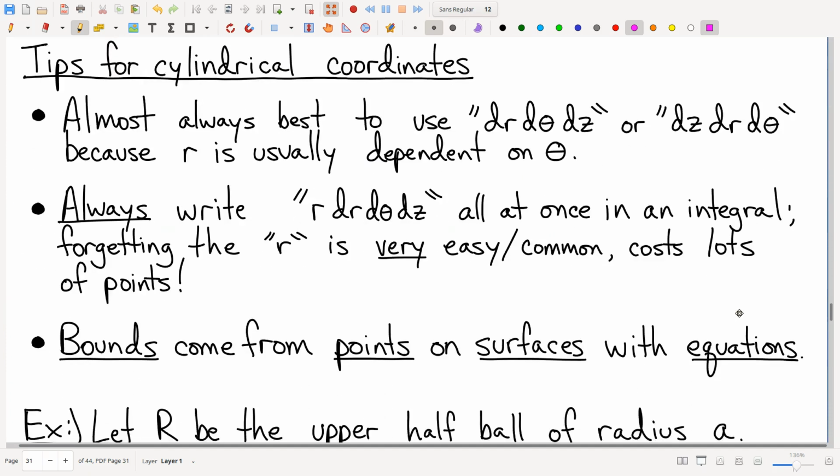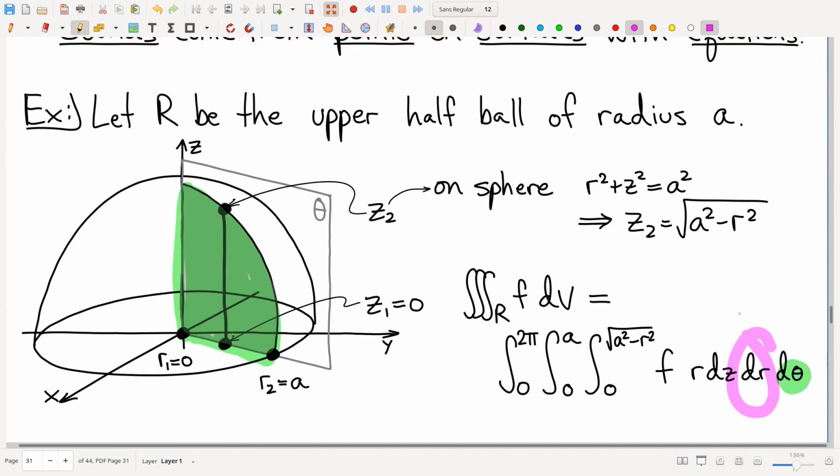So what does that look like on our theta slice? Keep in mind, I'm not actually interested in an r slice of my solid. I'm only interested in an r slice of my theta slice. And so I need to know, how does this green thing intersect with that purple cylinder?